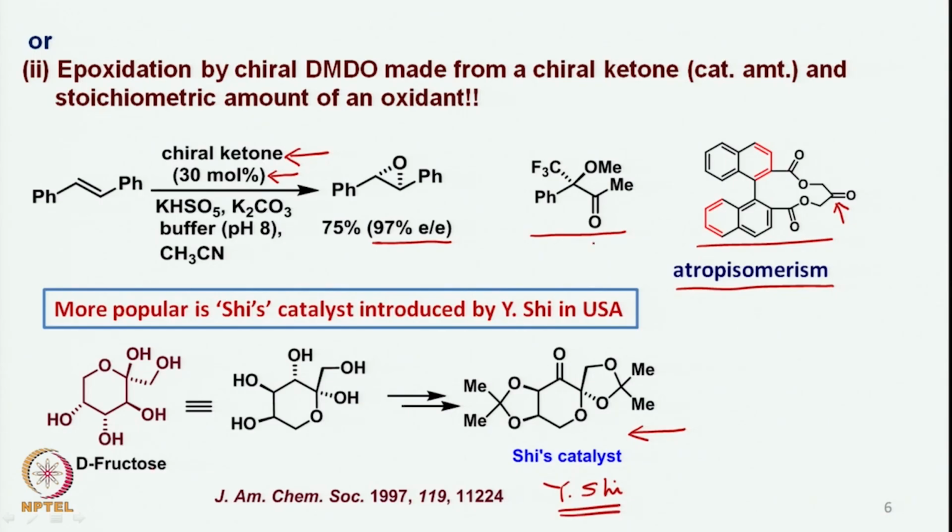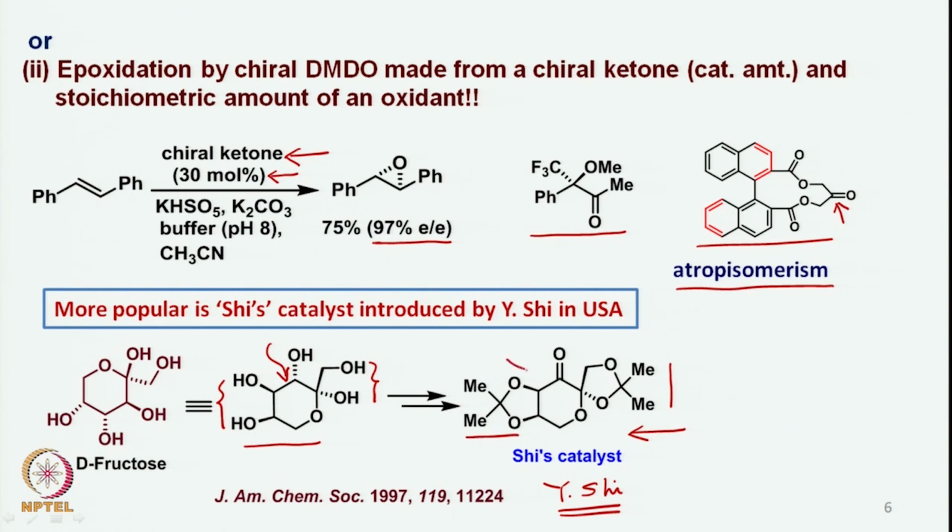As you can see here, the top ones which I have shown here are the ketones which are not sterically hindered. They are chiral, they are optically pure, but they are not sterically hindered. On the other hand, if we take the D-fructose which can look somewhat like this, it can be converted to the corresponding ketone by the oxidation of this hydroxy group after the protection of these two hydroxy groups as the corresponding acetonides.